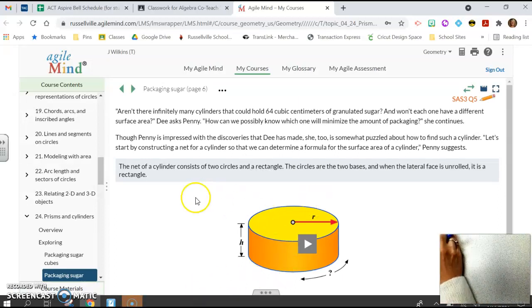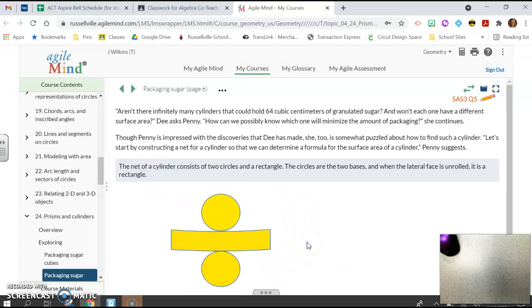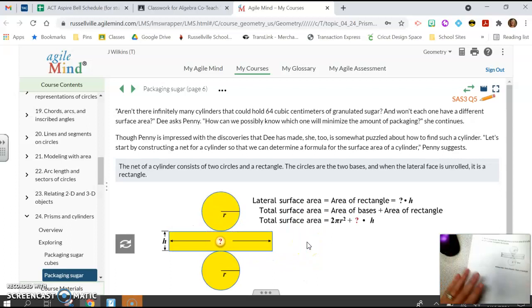So it says the net of the cylinder consists of 2 circles and a rectangle. Okay. So the circles are your bases, the top and the bottom, and then this lateral surface area is that circular part, and when you unroll that, you get a rectangle.